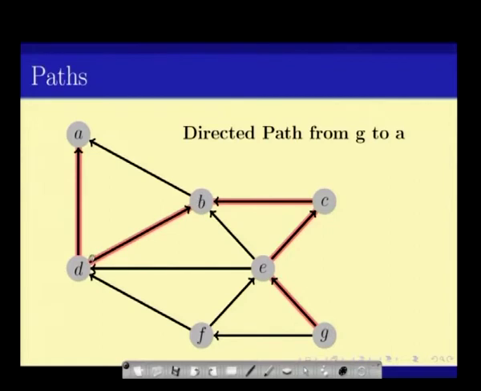So, there is no way one could go from B to D. So, this is not a valid path. This particular edge is a problematic edge. In this case we get something like this, and this is what we call a directed path. It is a path on a directed graph. Again, we say that there is a directed path from G to A if such a path exists.